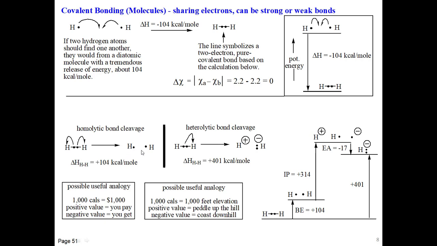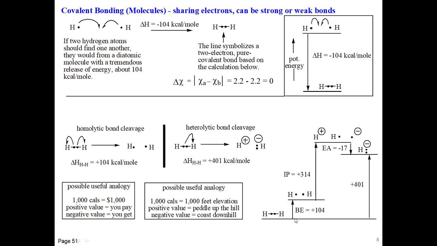Now the other way we could do it is heterolytic bond cleavage, and this is way more expensive. Okay, we're going to take both the electrons and give them to one of the hydrogens, and that'll have a negative charge. And the other hydrogen will lose them both, and it will have a positive charge. And the delta H for this would cost us 401 kilocalories. That is a huge amount of energy to do it this way.